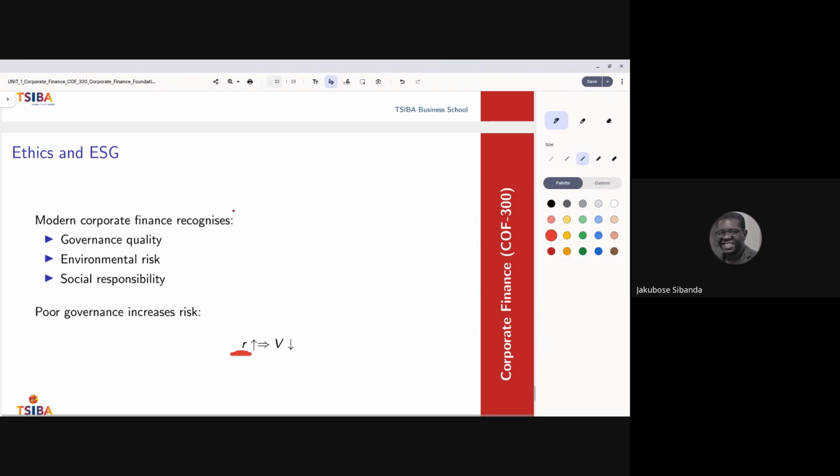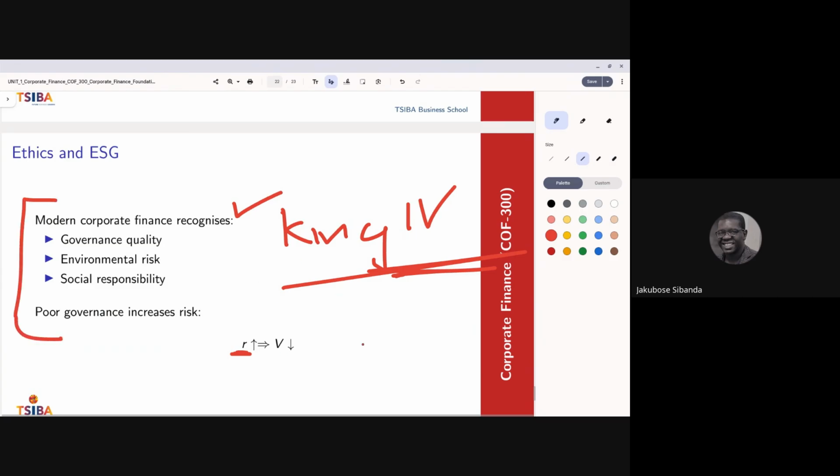I want you guys to read what they refer to as the King 4 report, so that you can understand much, much better. I've attached it in the LMS so you can read about it. You should dwell more on this. Take some time to really read how these things impact various companies.